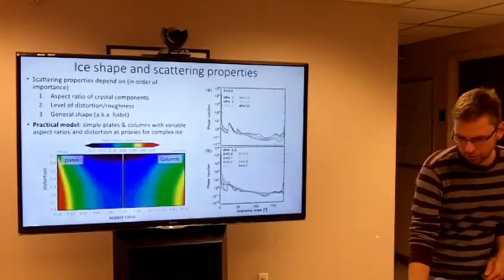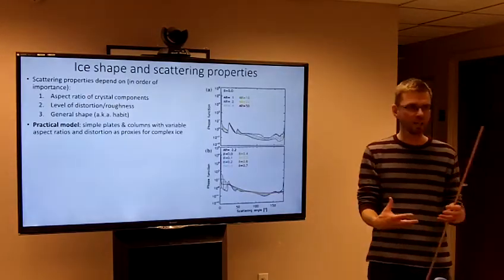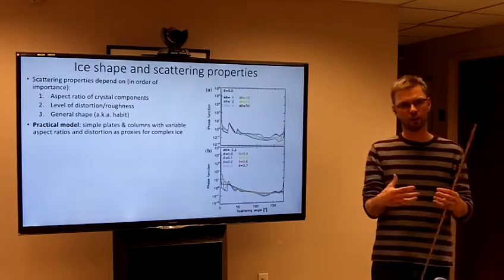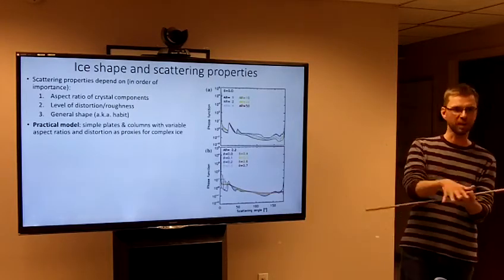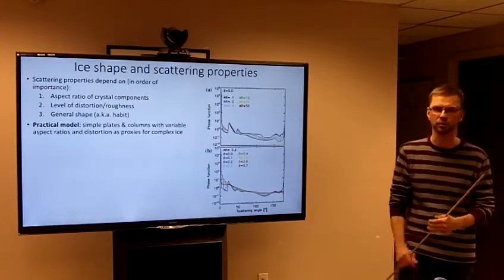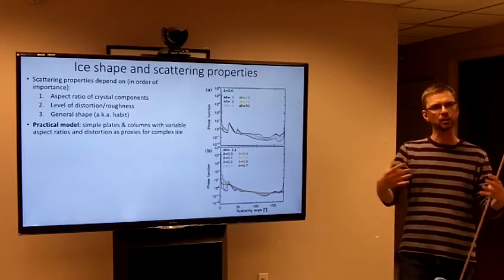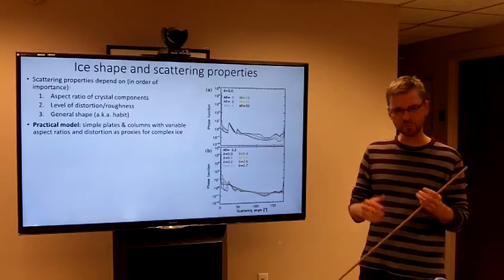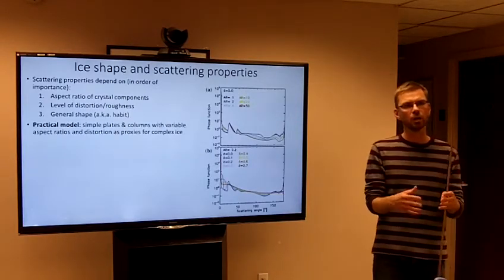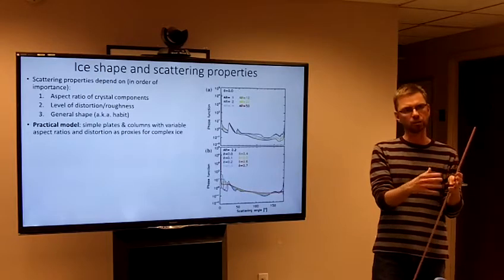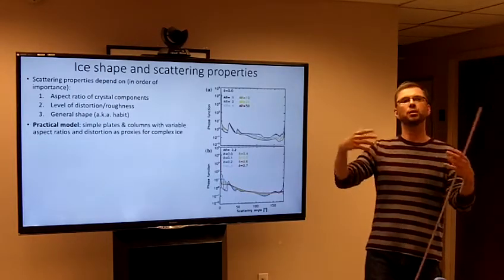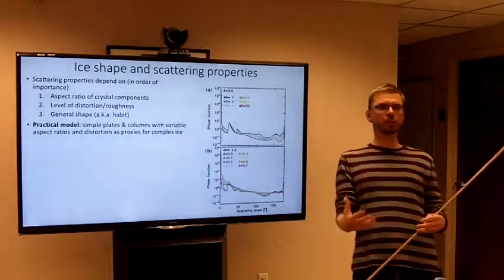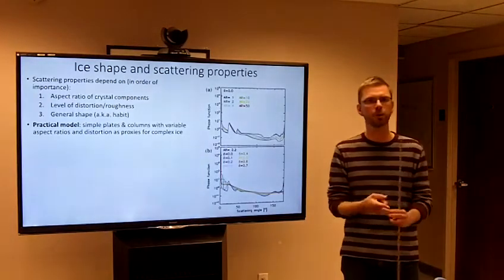And the simplest form of ice is really a hexagonal structure, because that is where the water ice is forming a hexagonal structure. So hexagonal plates and columns are really the fundamental shape of these crystals, and you can use simple hexagonal plates and columns as proxies for more complex crystals. And that leads to a practical model where you have just two parameters to change.